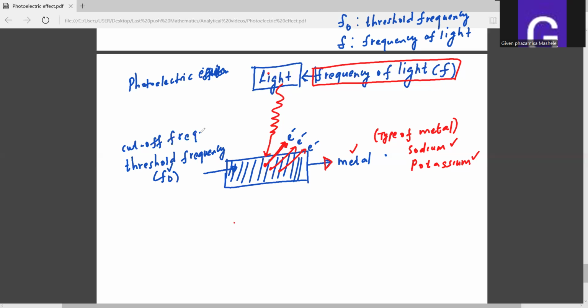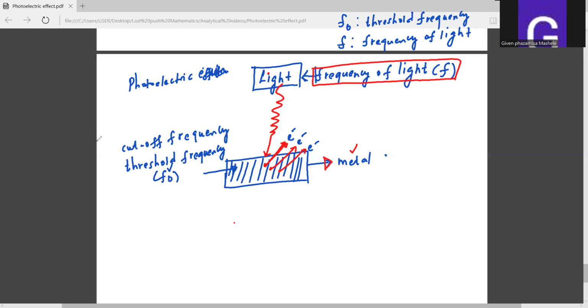So what does this mean, guys? When light of a suitable frequency shines onto the metal surface, the light comes with its own energy.